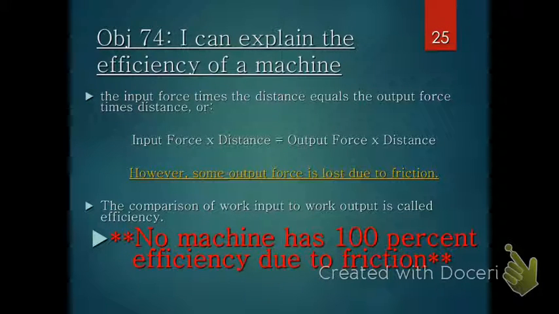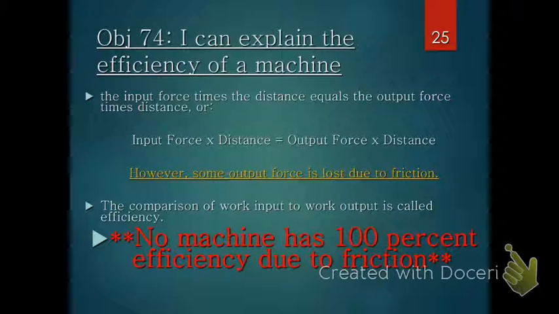All right, our next thing is we need to be able to explain the efficiency of a machine. All right, the efficiency of a machine is the input force times the distance, and that should be equal to the output force times the distance. All right, the input force times distance should be equal to the output force times distance.